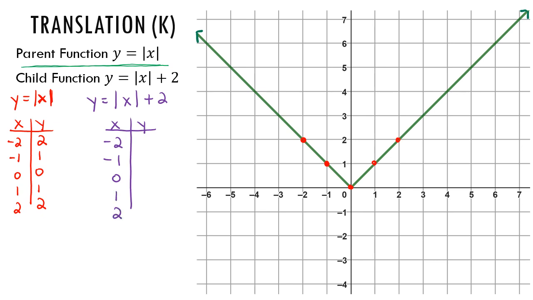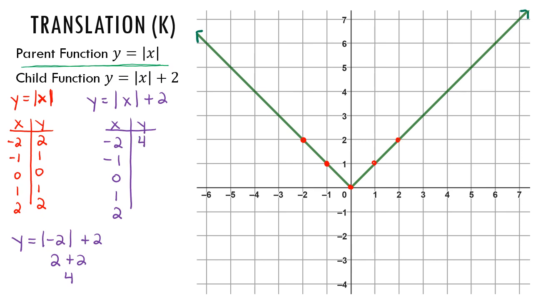So if I take that number, -2, okay, starting off at the top of my table, and I plug in the -2 into the absolute value, we saw that the absolute value of -2 is +2. But I have this +2 right here. So 2 plus 2 is 4.